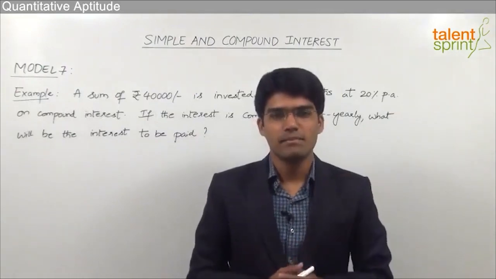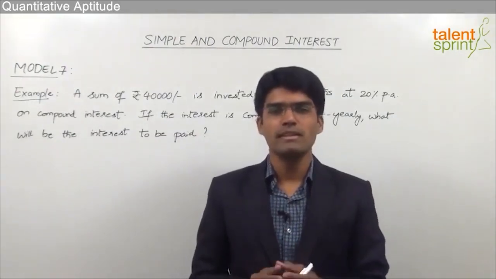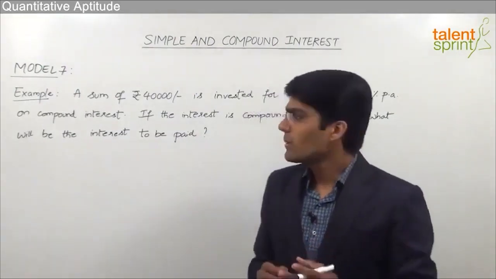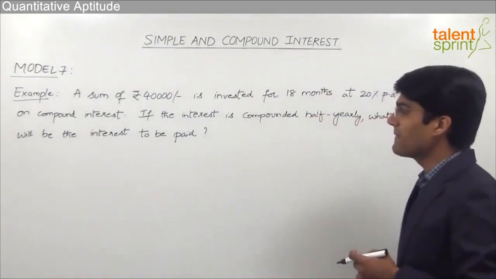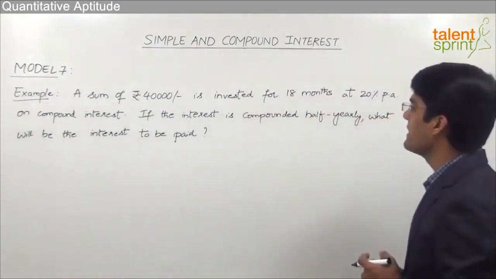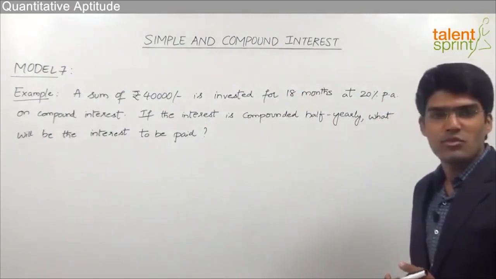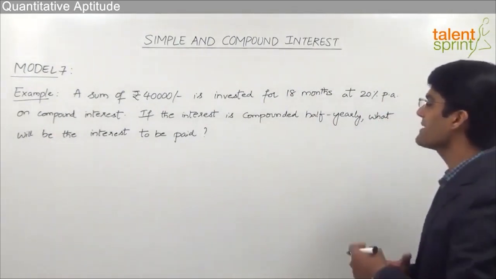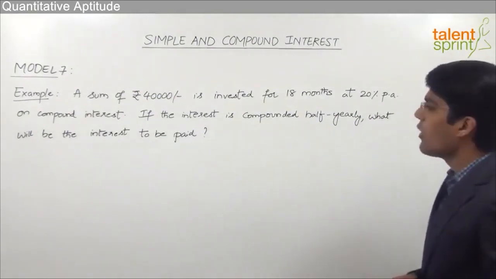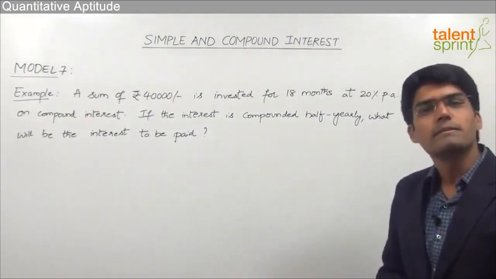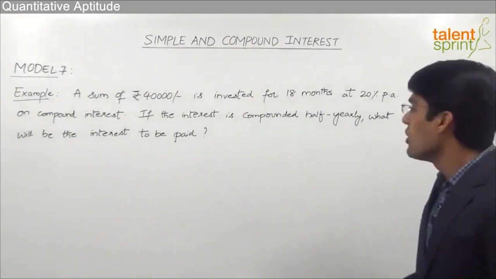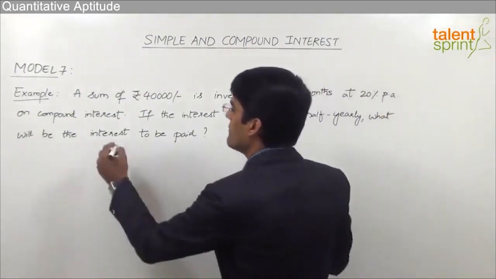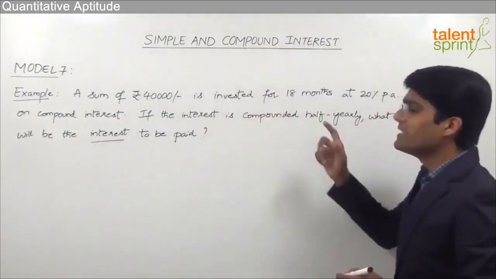Let us now take an example based on the various types of compounding that we have just understood. The question here is: a sum of rupees 40,000 is invested for 18 months at 20% per annum on compound interest. If the interest is compounded half yearly, what will be the interest to be paid? So we need to find out what will be the interest that has to be paid at the end of 18 months.